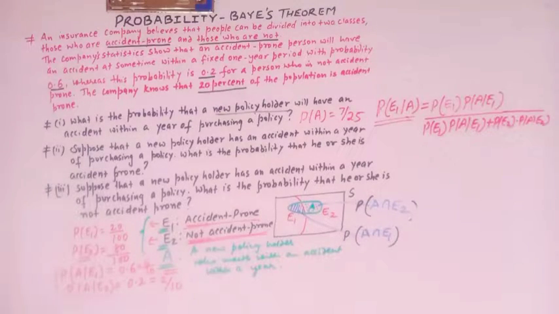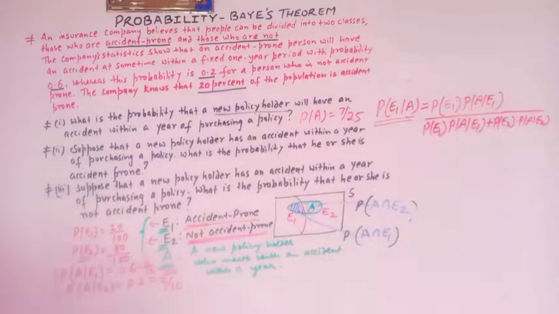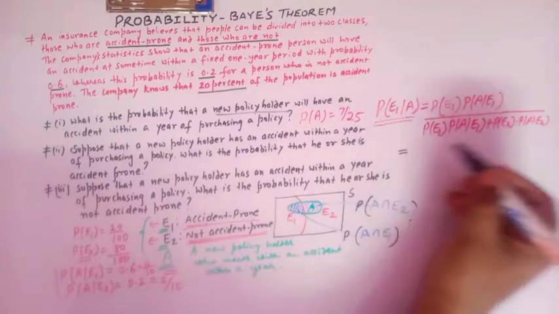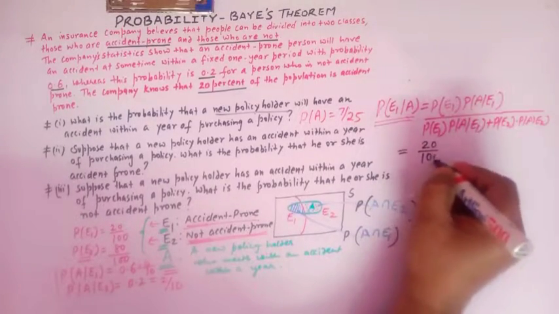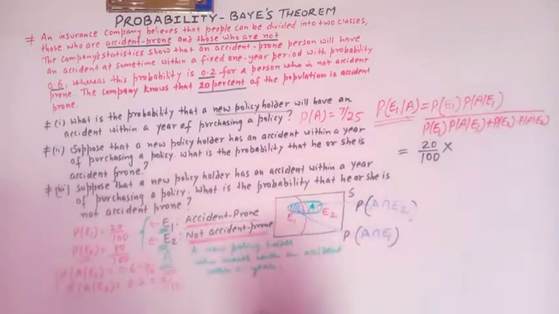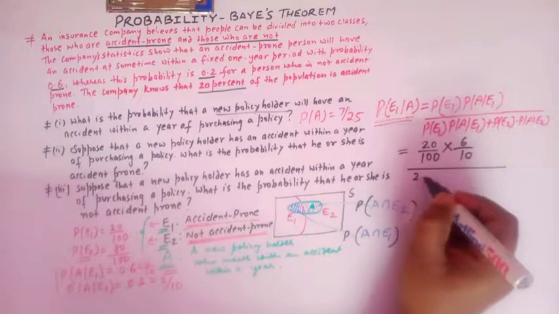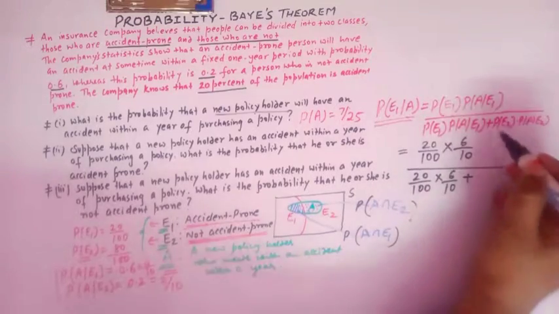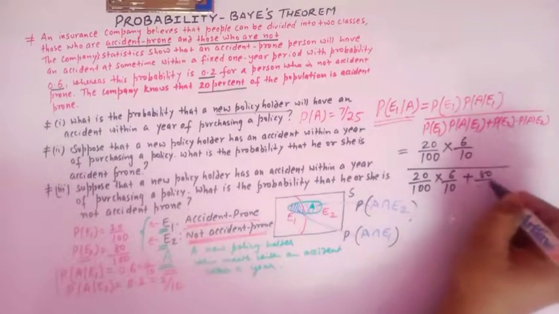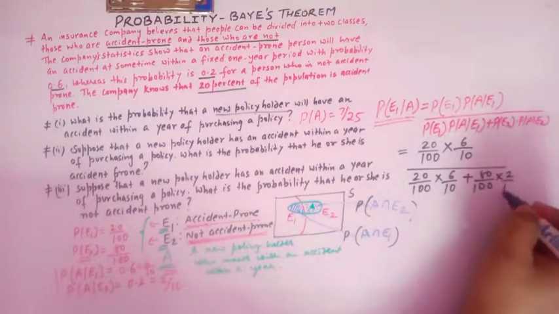This expression is written due to Bayes theorem, which we have already discussed in our previous lectures, and now we can substitute the values. P of E1 is 20 over 100 and P of A given E1 is 6 over 10, so we have 20 over 100 times 6 over 10. Then we have P of E2, which is 80 over 100, times 2 over 10.